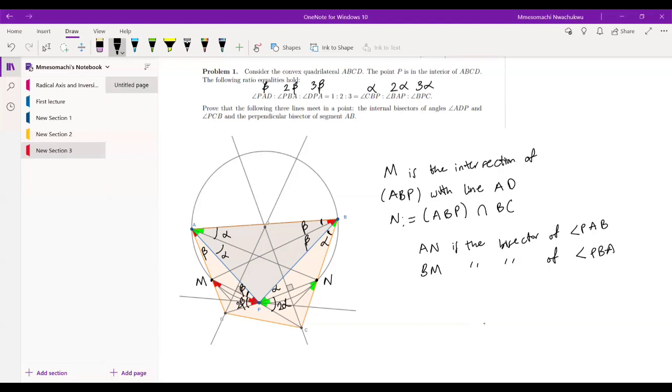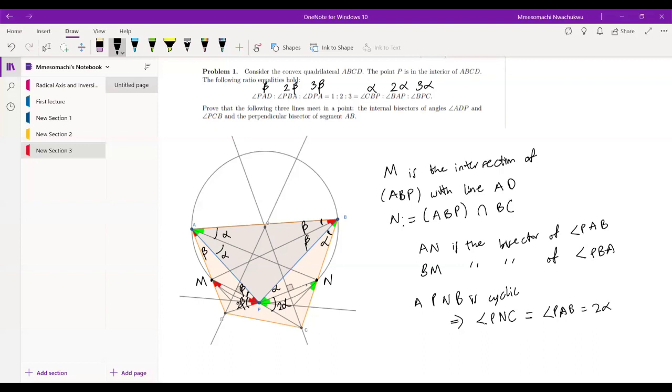Now, since APNB is cyclic, this implies that angle PNC is equal to angle PAB, which is equal to 2 alpha.